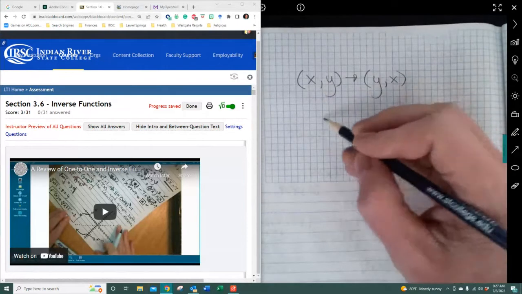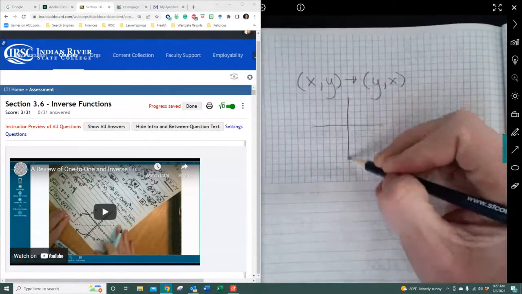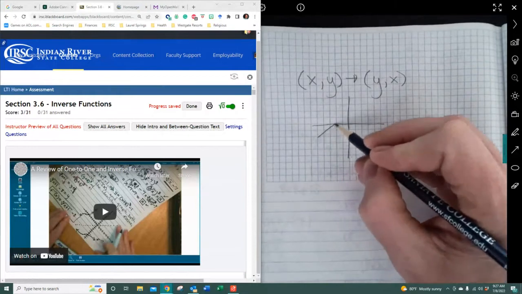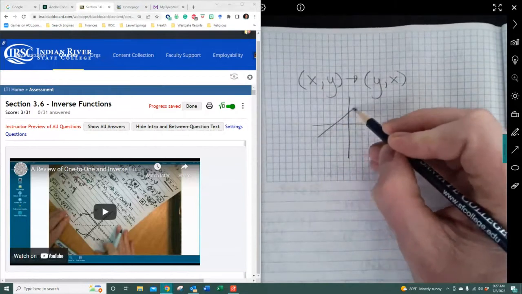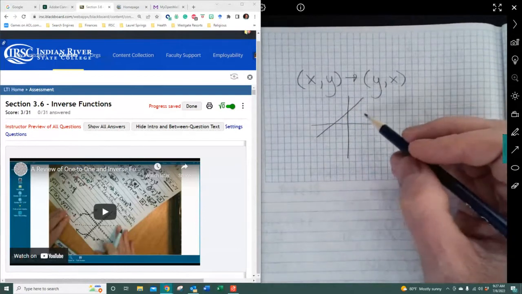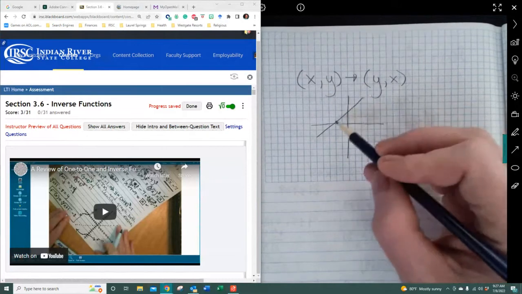So if you were to graph a function, let's say this was a function, I'm just making something up right now, then I would inverse that by simply taking coordinate points that this thing goes through.